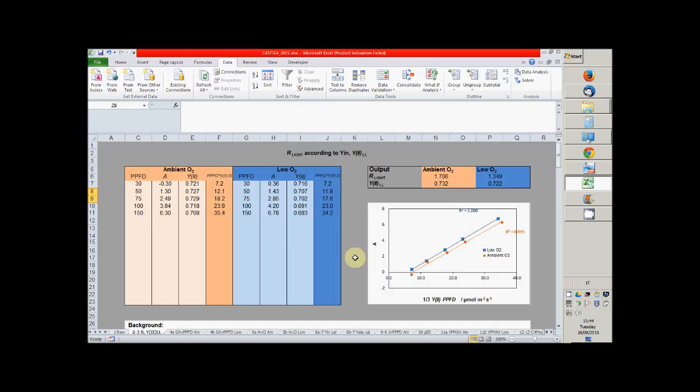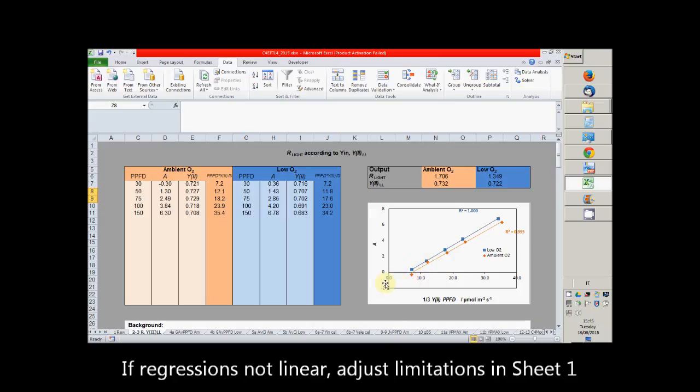The net assimilation is plotted against this quantity here, 1/3 Y2 ppfd, and the data are fitted to a linear regression. The y-intercept of the linear regression is respiration in the light.